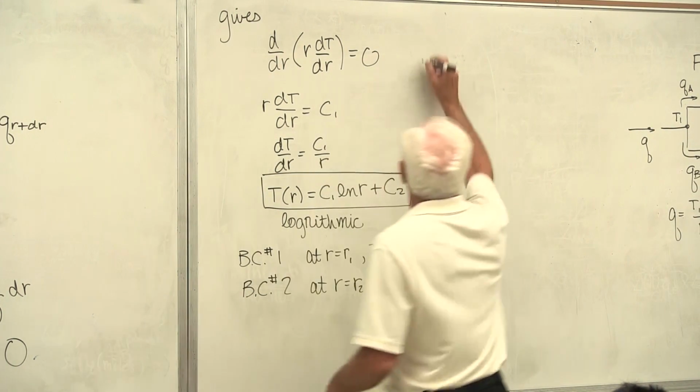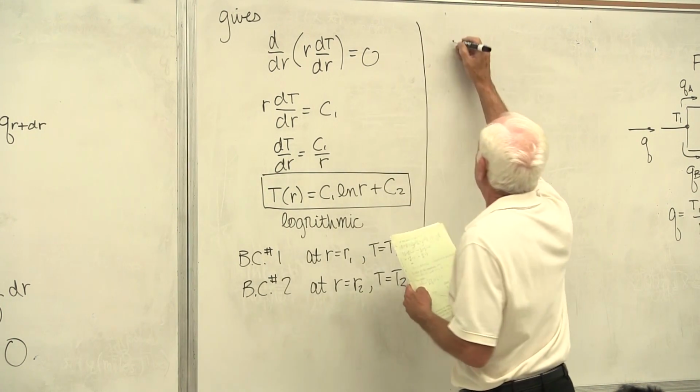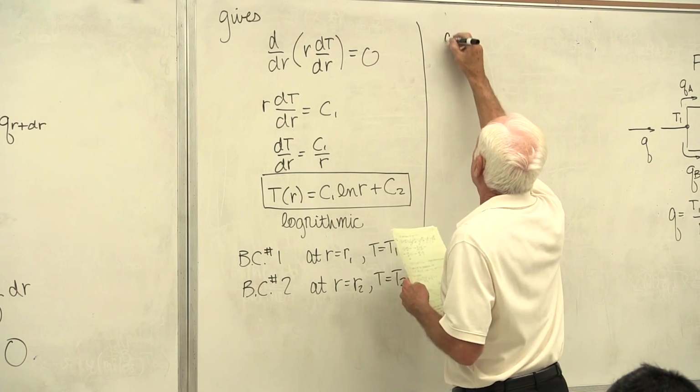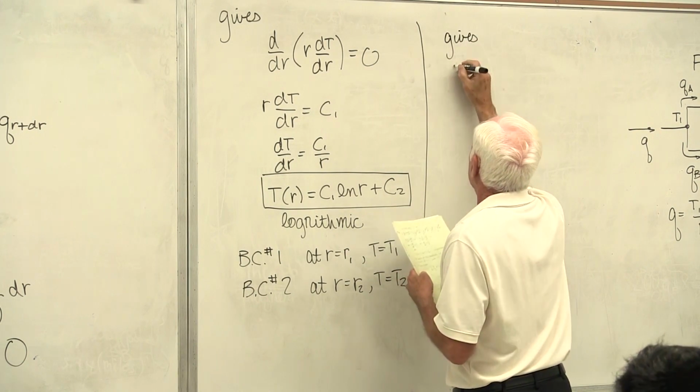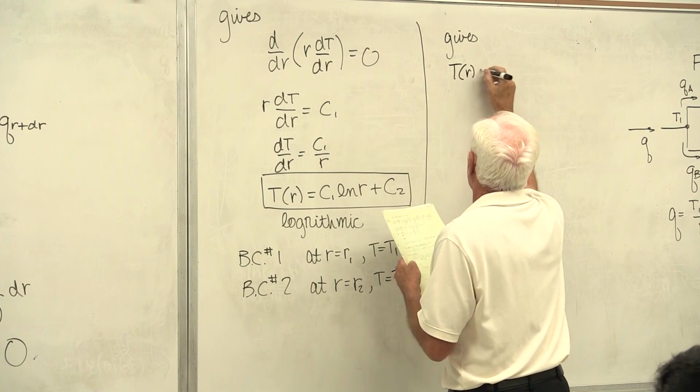If you put these in there, as we did for the plane wall, this is going to give the solution T as a function of r.